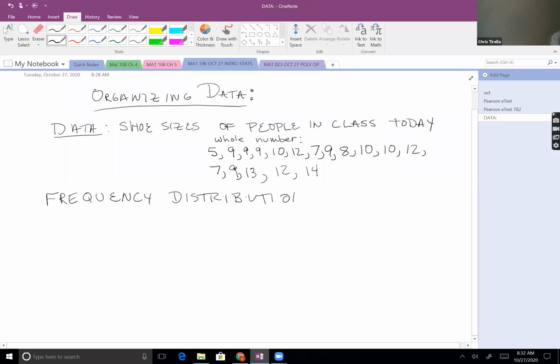When I say frequency distribution, doesn't that sound elegant? Doesn't that sound fancy? It really is not that difficult to come up with. A frequency distribution is a table that lists the data values and their frequency.